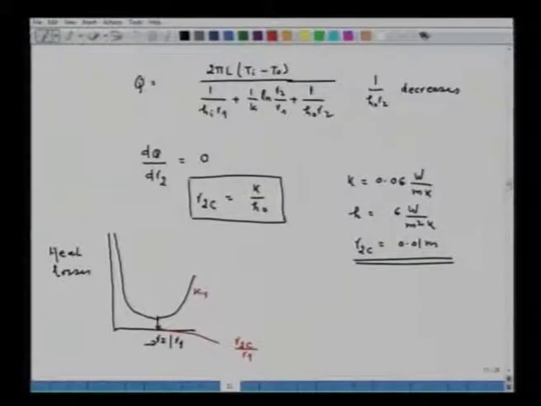Now, if I have another material which has a thermal conductivity higher than K1, then naturally this curve is going to look this way, where K2 is greater than K1. So, this is a very important concept in refractory lining design, particularly for tube furnaces, that beyond a particular critical thickness, the heat losses in fact increase.